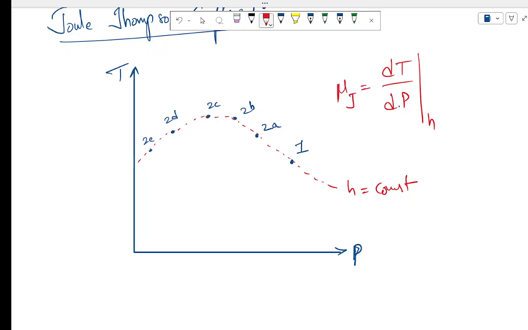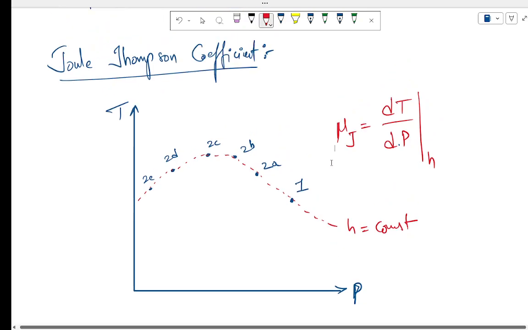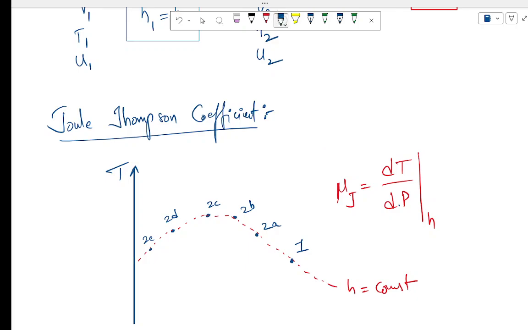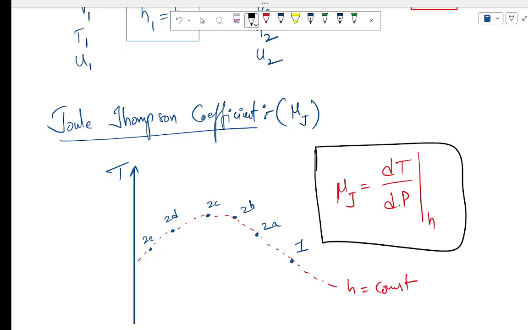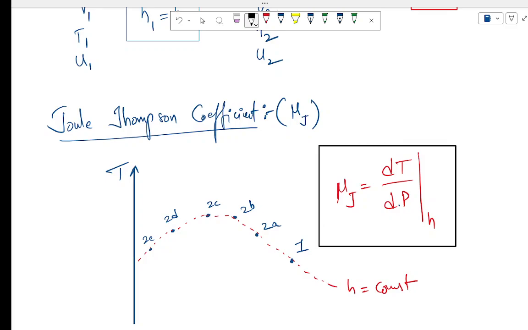This mu j is nothing but your Joule-Thomson coefficient. So the Joule-Thomson coefficient is represented with mu, j being Joule. That's how you define the Joule-Thomson coefficient.